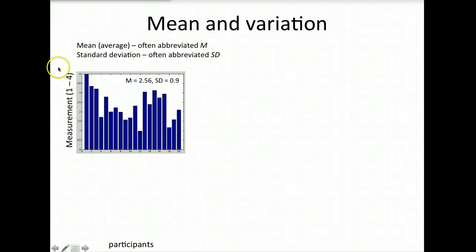Now let's just pretend that we conduct a little experiment in class where we have participants here. On this x-axis we have 20 participants, and they have to make some kind of perceptual decision or something like that.